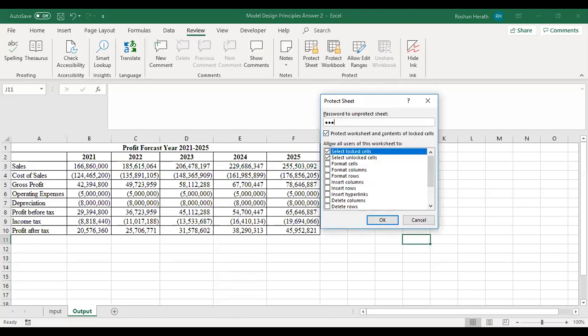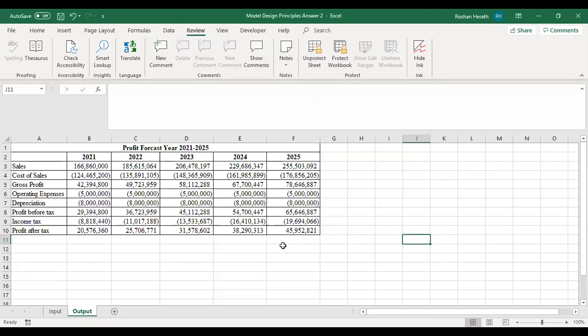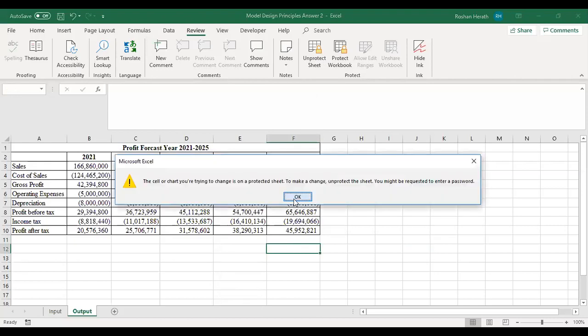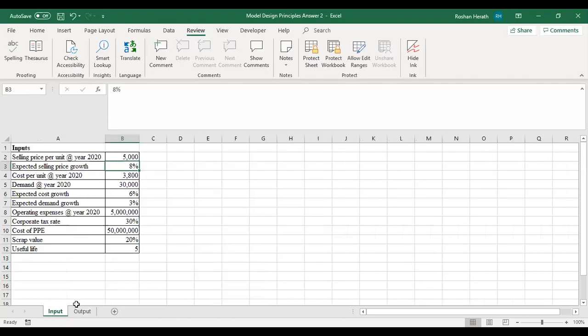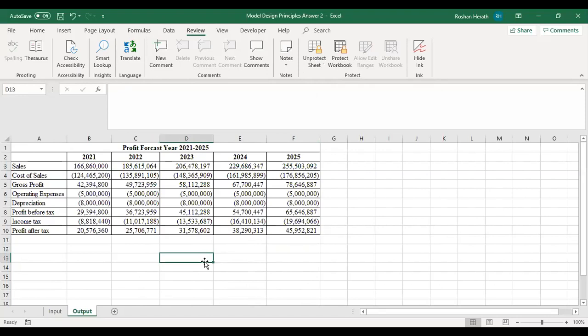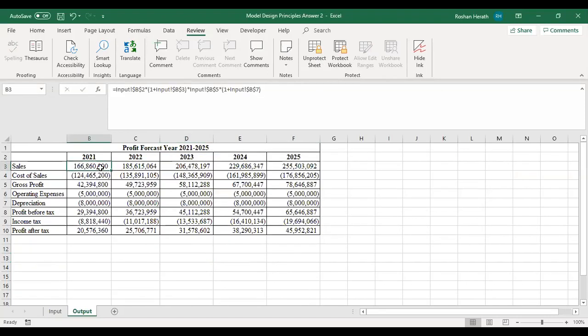Then you can simply give a password. That is how we do the protection. No one can change anything unless they know the password. Others can simply work in the input but can't touch the output. That is the protection we need to apply in this situation.